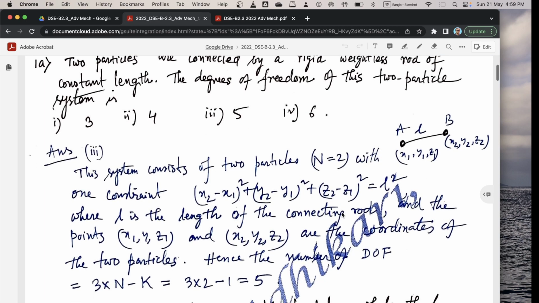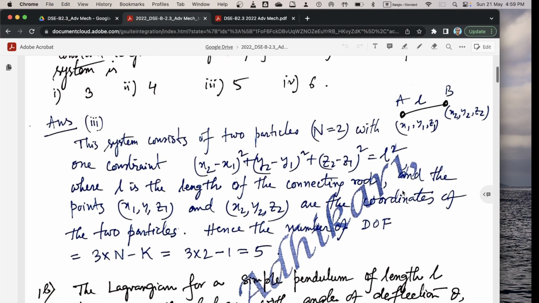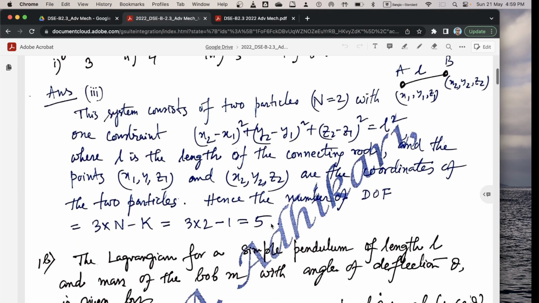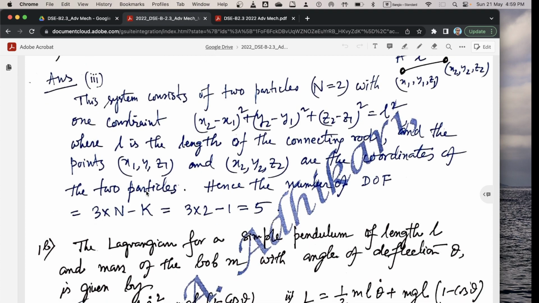The system consists of two particles, so capital N equals 2, with one constraint: (x2 minus x1) squared plus (y2 minus y1) squared plus (z2 minus z1) squared equals L squared, where L is the length of the connecting rod.